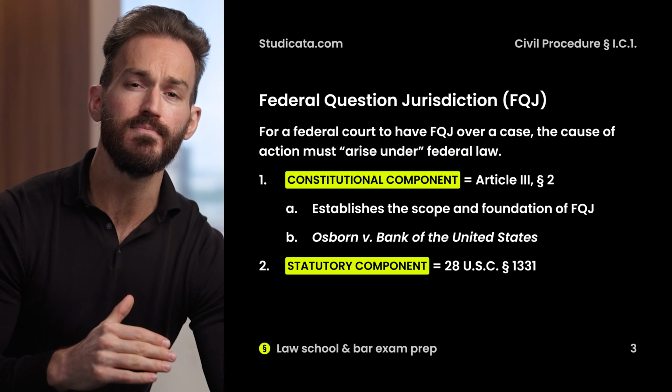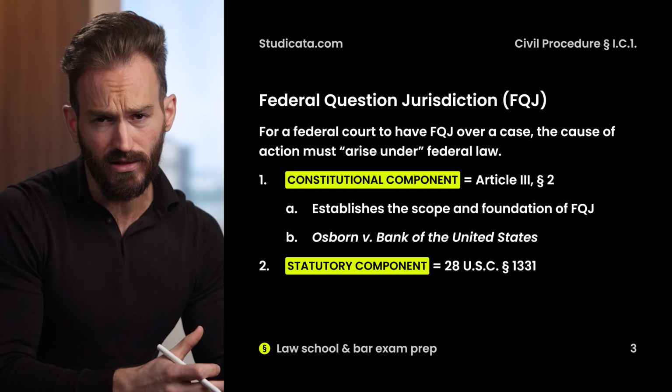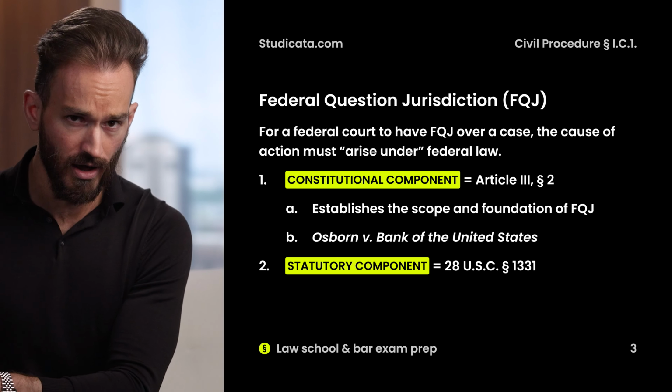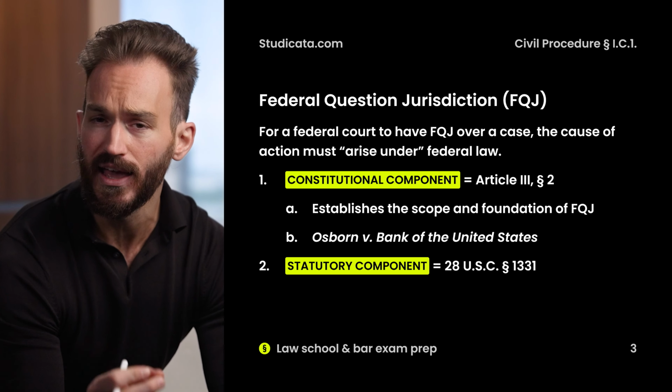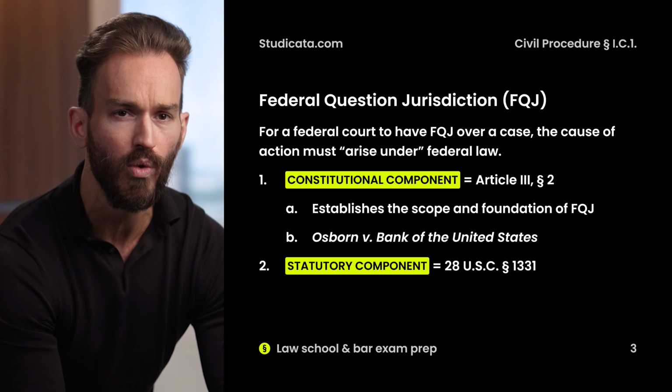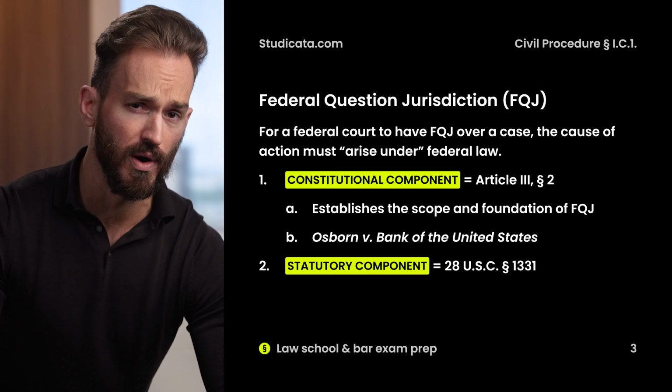So we have this claim that gets to federal court, but it's a mix. It's got ingredients of state law and ingredients of federal law. And at this time in 1824, obviously we don't have 28 U.S. Code Section 1331, which more narrowly defines what the requirements of federal question jurisdiction are.